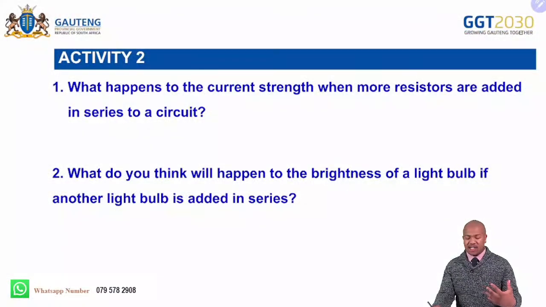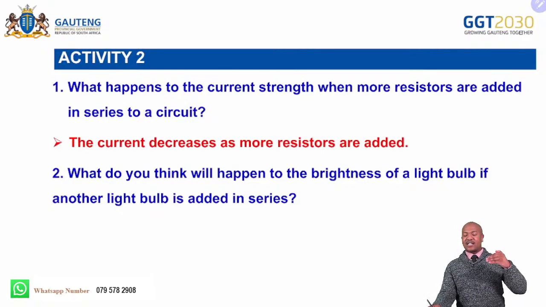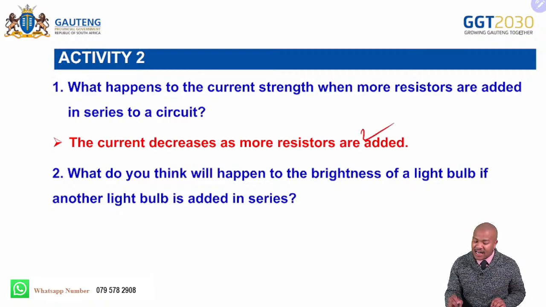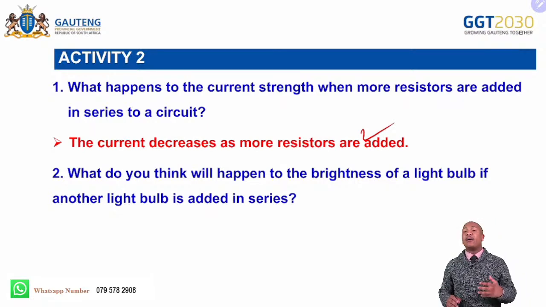Welcome back, grade 9 learners. Now let's look at our solutions for activity 2. Number 1 was saying what happens to the current strength when more resistors are added in a series circuit. The current decreases as more resistors are added. Then number 2, what do you think will happen to the brightness of a light bulb if another light bulb is added in series?